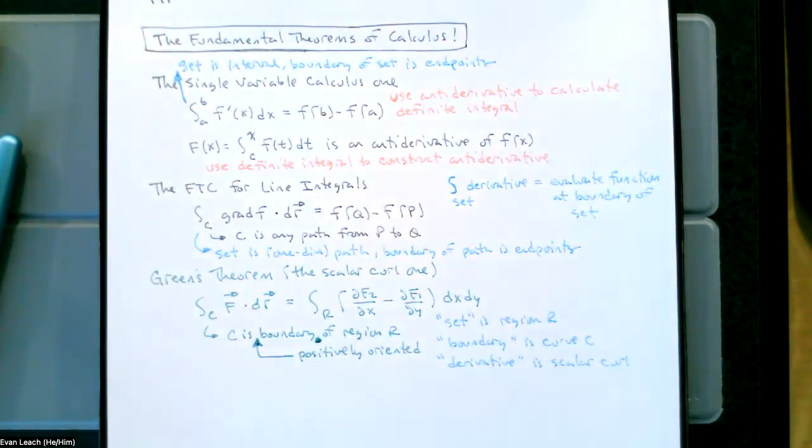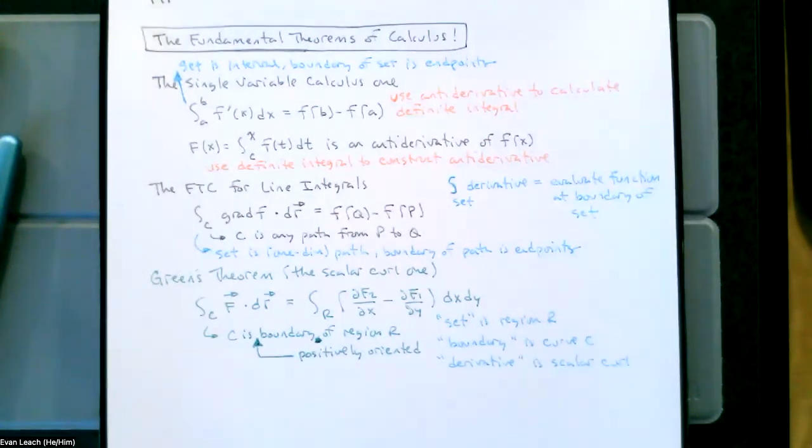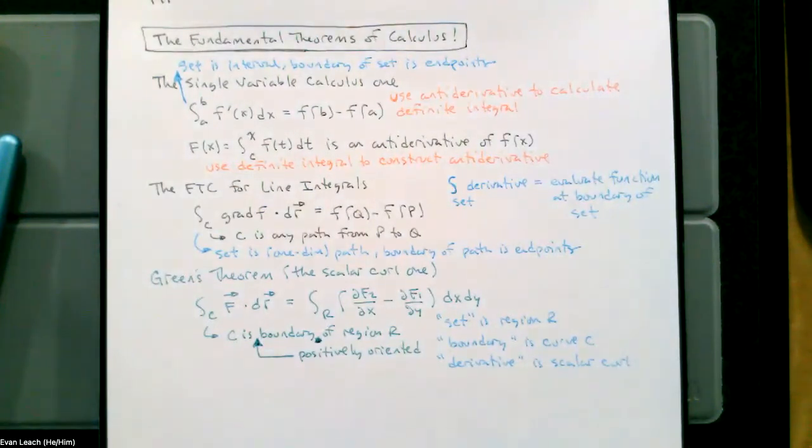So here's how Green's theorem fits into this classification. We're integrating some kind of derivative over a set. In this case, that derivative, in quotes, because we're using hand-wavy language, that derivative is the scalar curl of some vector field, and the vector field is acting as the function. We're integrating this derivative over the set by evaluating the function at the boundary of the region or of the set.